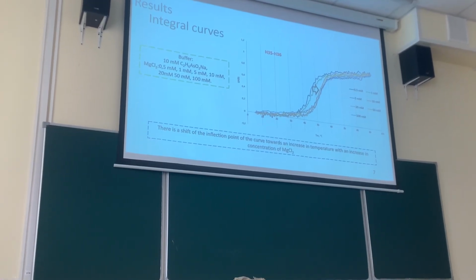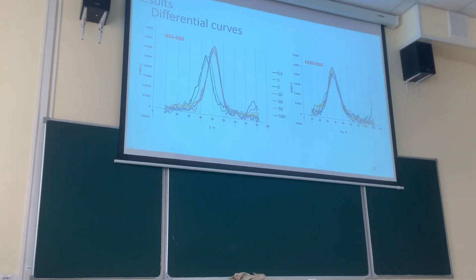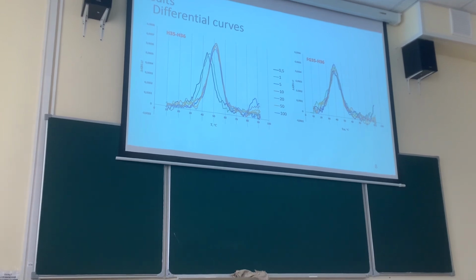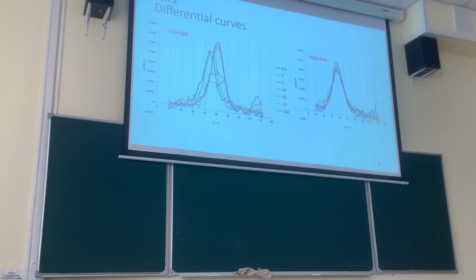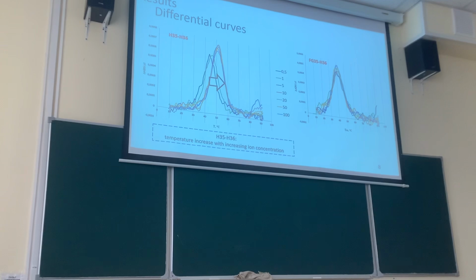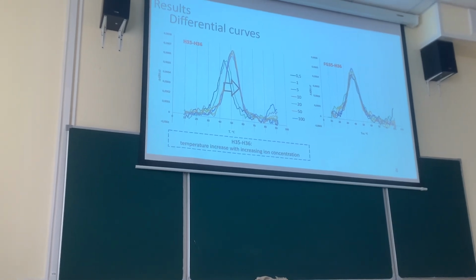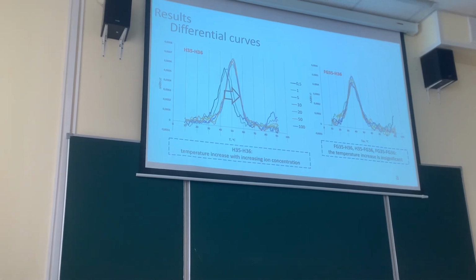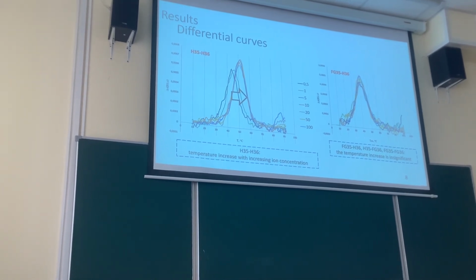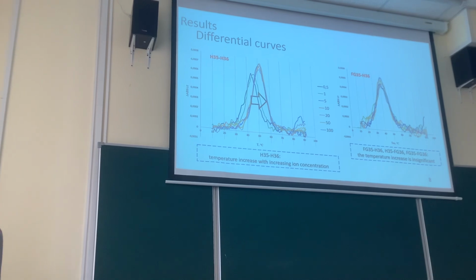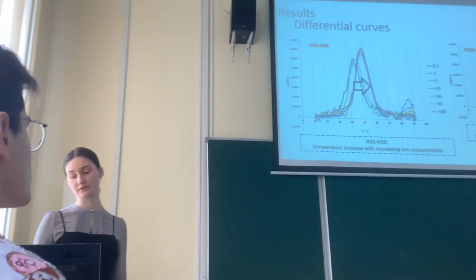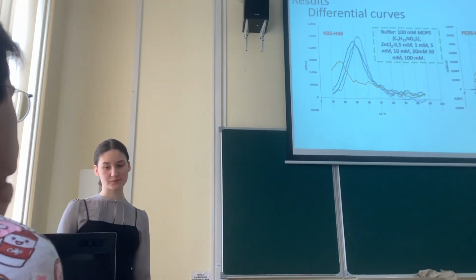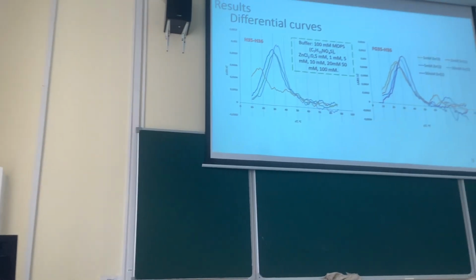More clearly, the result of the experiment we can see from differential curves. Also we can see a shift, but in case of modified structures, we can see that the melting temperature increases insignificantly.